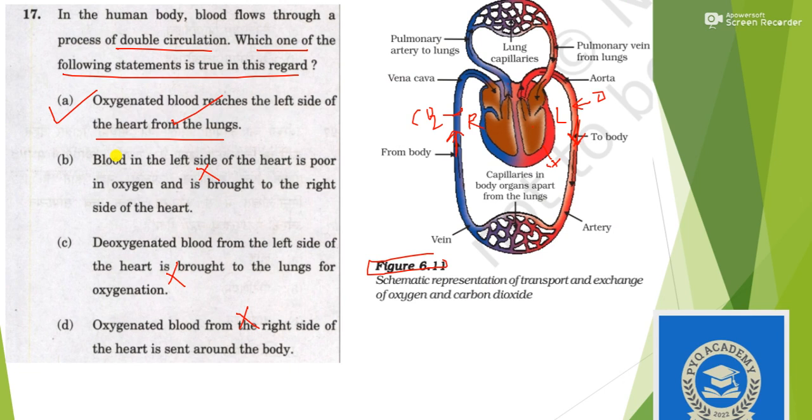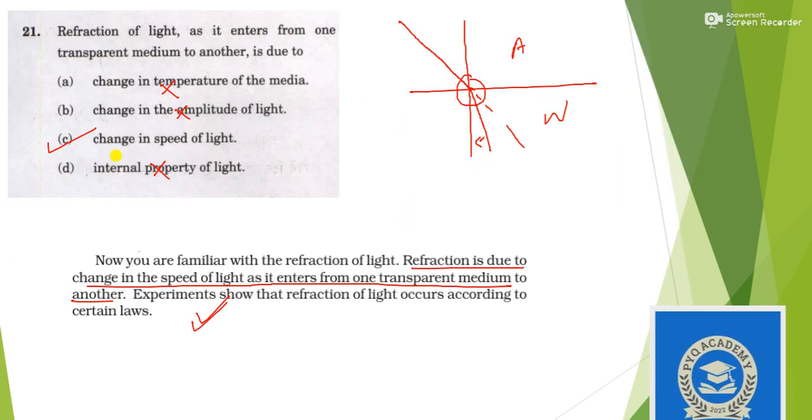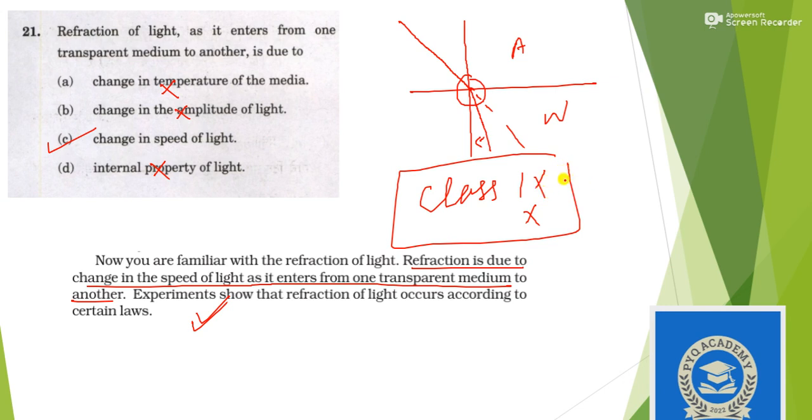So I had talked about the authentic source. The most authentic source is class 9 and 10 NCERT. So go through each chapter line by line, and you can make your own notes also, so that you can revise during the examination.